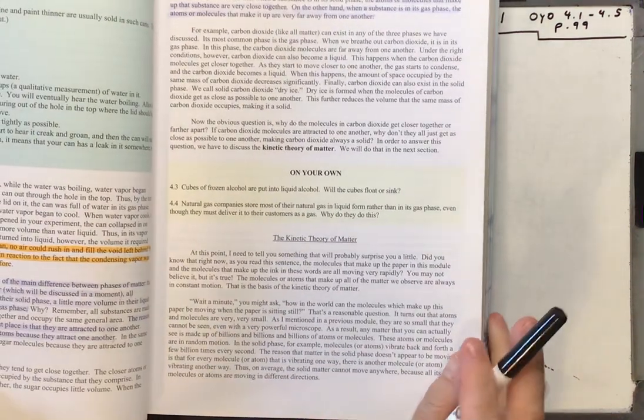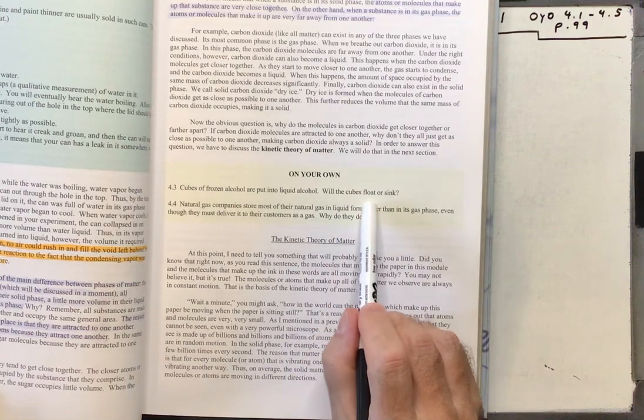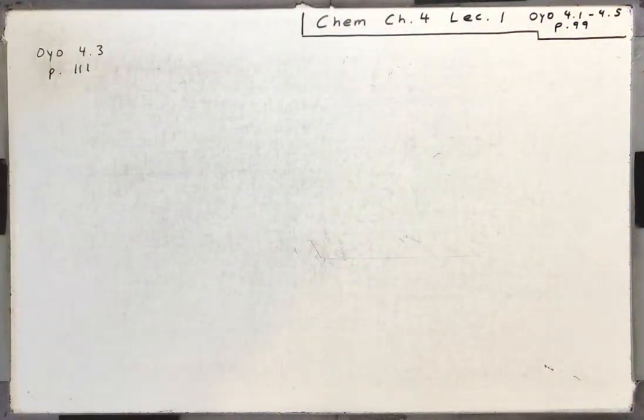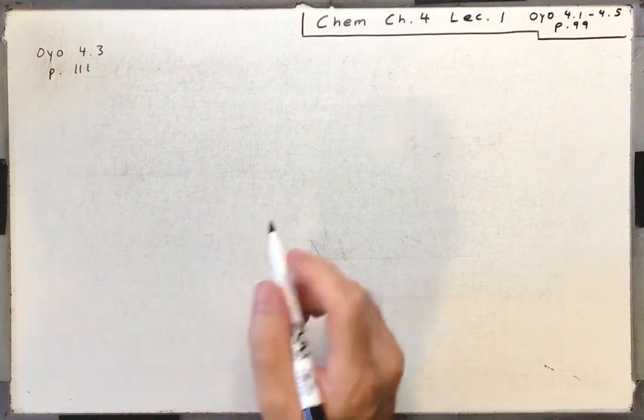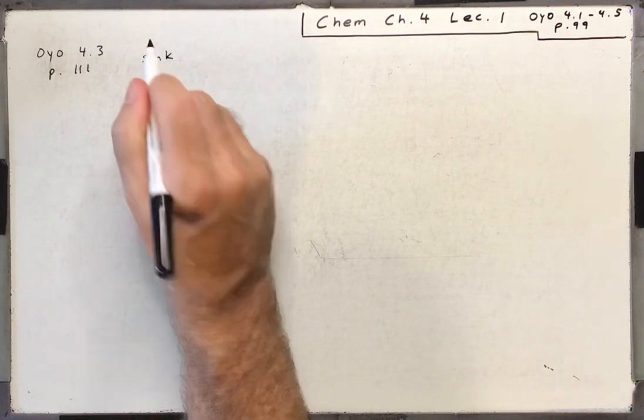That one says, cubes of frozen alcohol are put into liquid alcohol. Will the cubes float or sink? Well, alcohol isn't water. And for most substances, the solid is more dense than the liquid, and that's true for alcohol. So will it float or sink? It will sink.